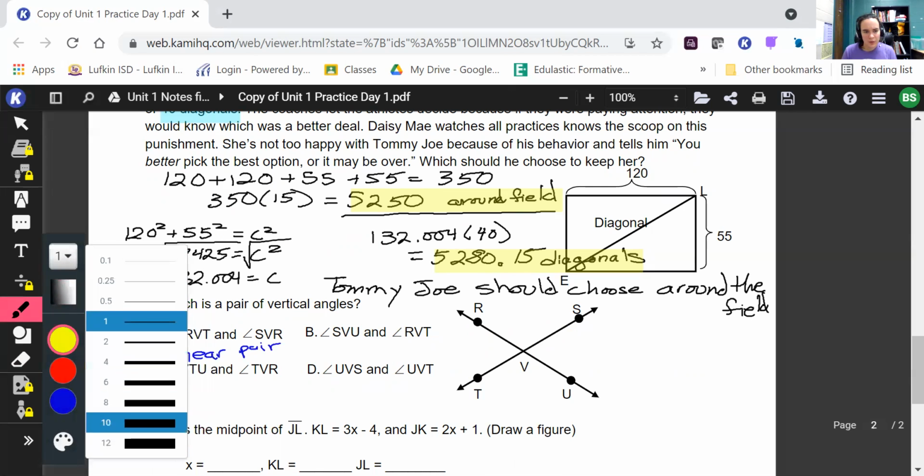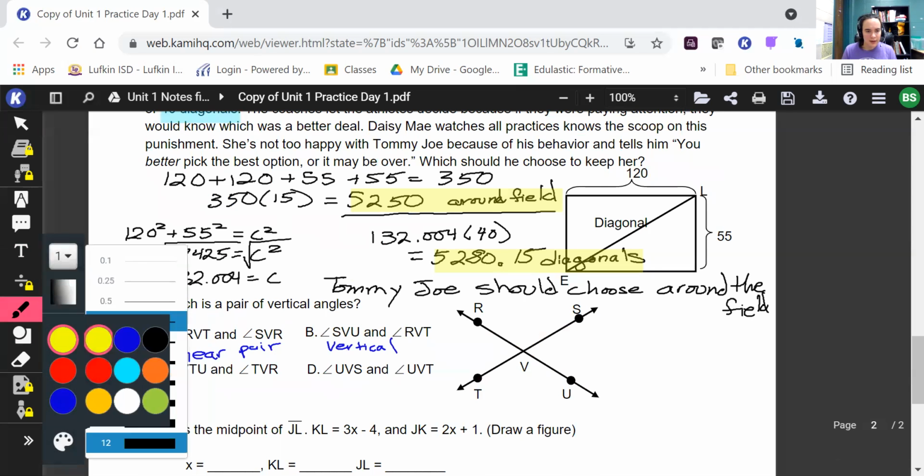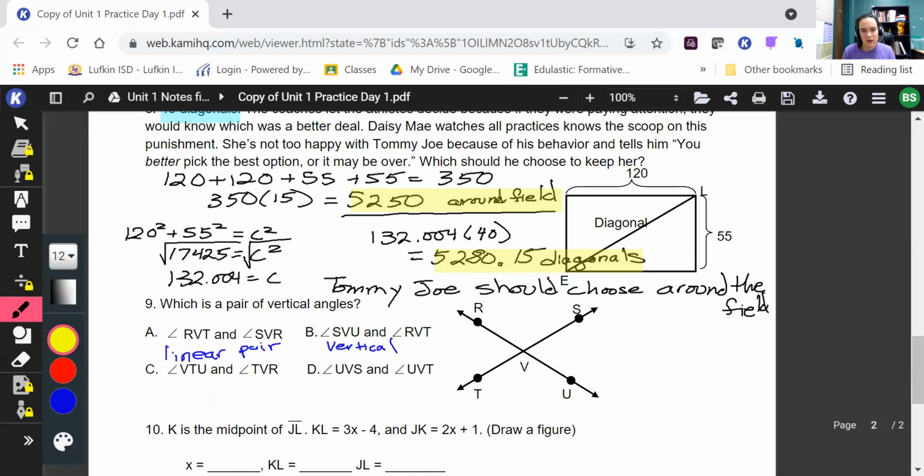Then our next one, we have angle SVU and angle RVT. So these two angles appear to be vertical angles to me, but let's keep double checking. And then we've got our next one, angle VTU. VTU, oh, that's not an angle.